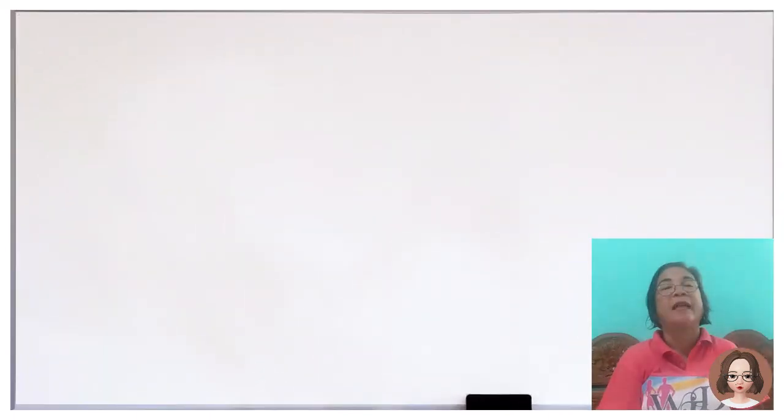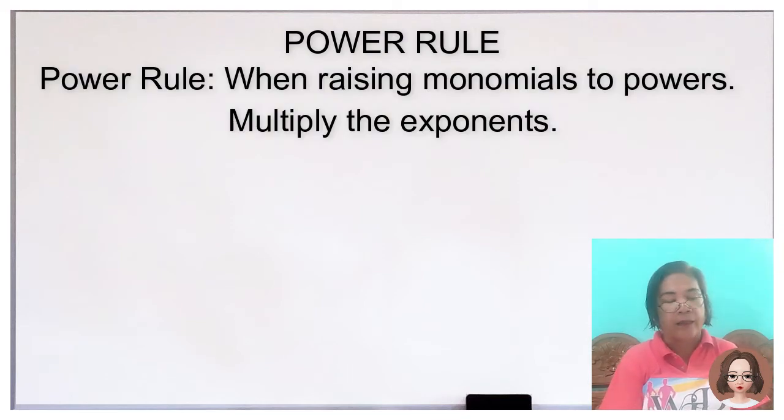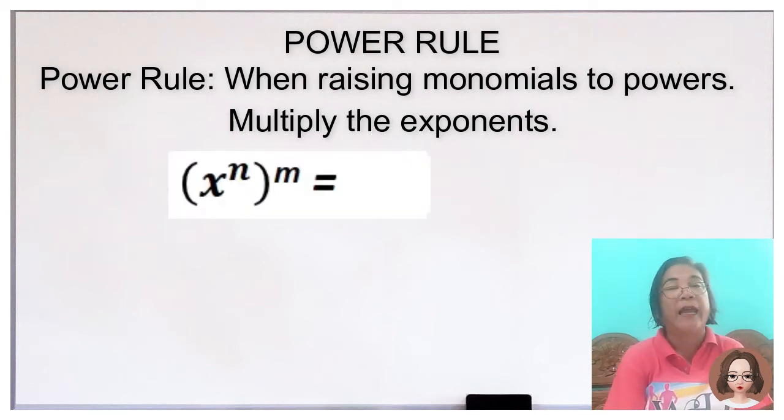Okay, we have the second rule that we call the power rule. When raising monomials to powers, we have to multiply the exponents. I repeat, we have to multiply the exponents. So in symbols, x raised to the n, raised to the m, and so we shall have an answer of x raised to the m times n.